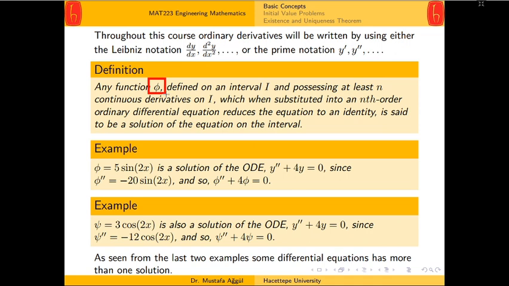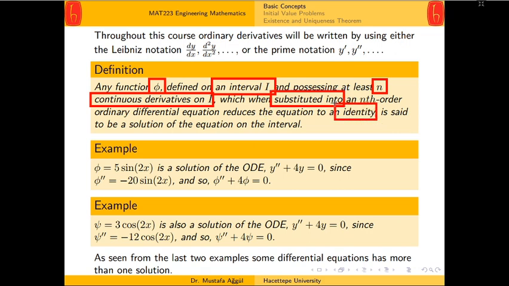This is the solution, and it's defined on an interval I, and it has n continuous derivatives on I, and when we substitute this into an nth order ordinary differential equation, this will reduce the equation to an identity. Then we say this is the solution of the ODE on the interval.